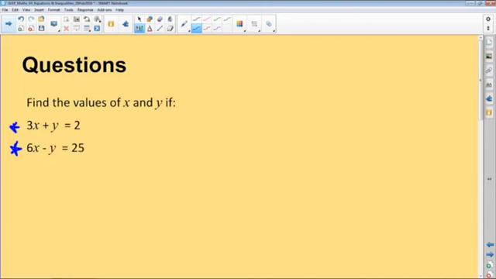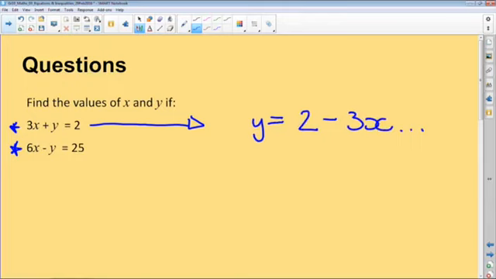I'm going to start with this equation over here, and I'm going to rearrange it. I'll leave y on this side, and I'll take the 3x to the other. And the reason I've done that is because maths is about making my life easier, and y equals just looks so much nicer than that other thing that was over here. It looked ugly.